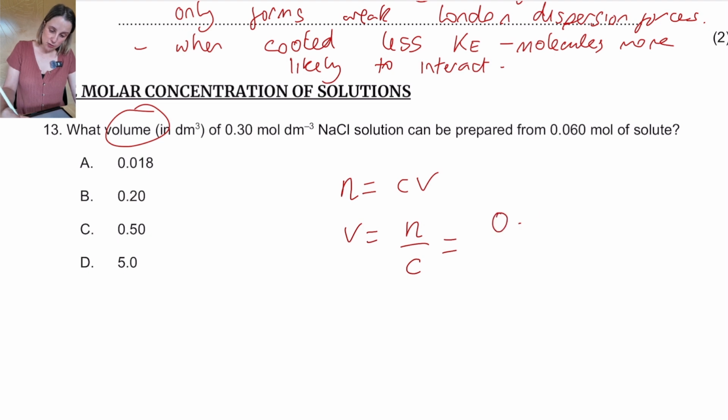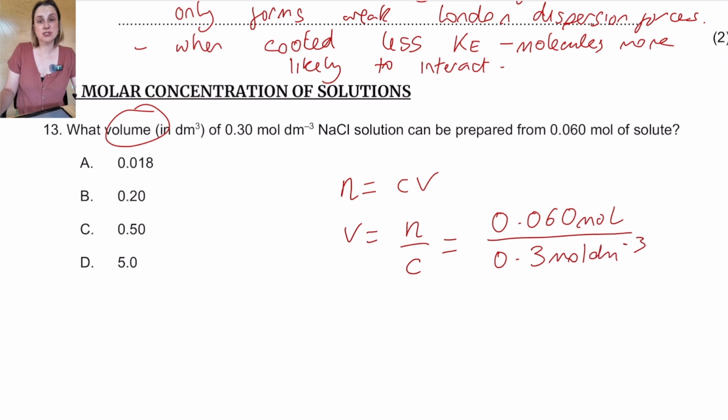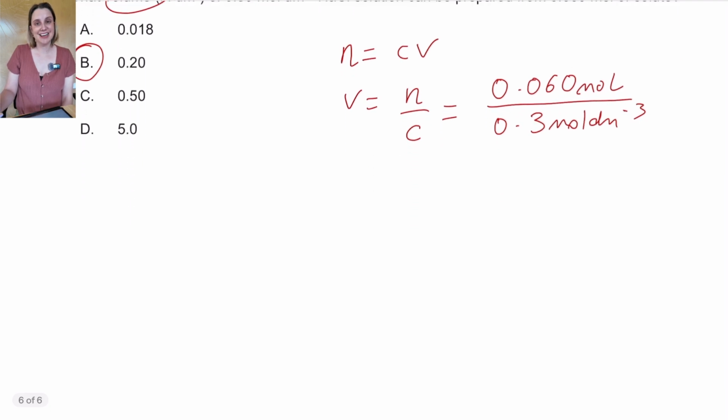They've given me the moles, which is 0.060 of the solute, and then we can divide that through by the concentration, 0.3 moles per dm cubed of sodium chloride. So overall, if we divide 0.06 by 0.3, then we get 0.2, and so B is our final answer here.